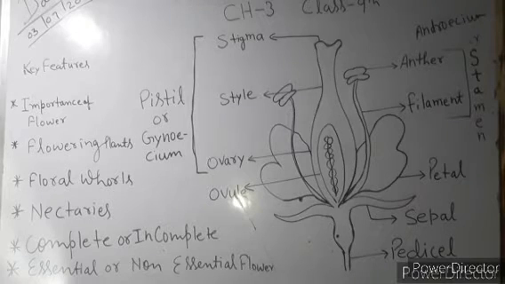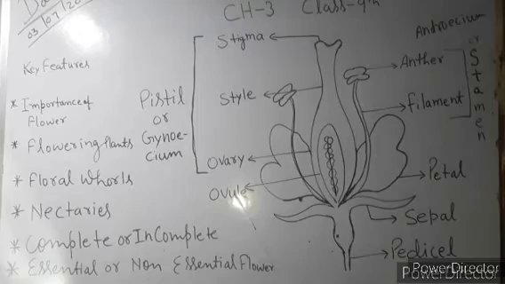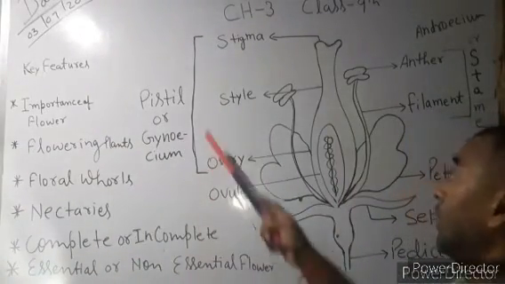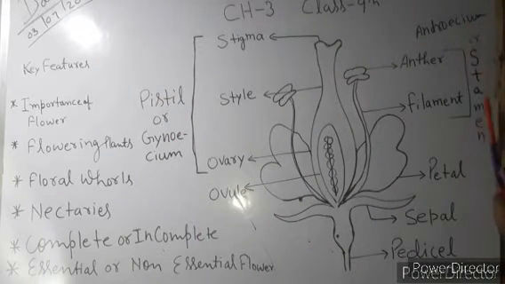Okay. Now, essential or non-essential parts of the flower. There are some parts in the flower which are essential, and what is that? It is the reproductive part of the flower, that means the pistil or androecium, the stamen.